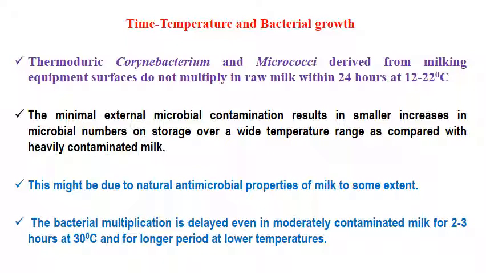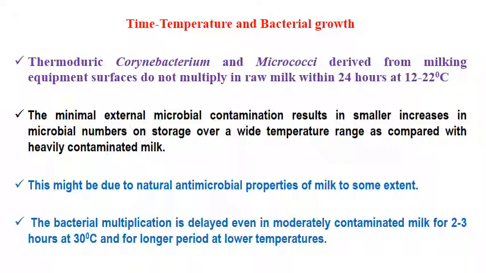But if the initial microbial load or contamination is very high, then they will grow very fast. This might be due to natural antimicrobial properties of milk to some extent. So this difference is to some extent due to the antimicrobial properties present in the milk when the microbial contamination is very low.